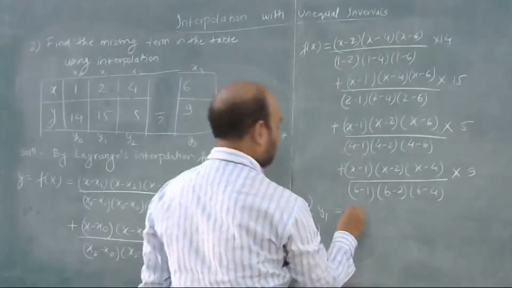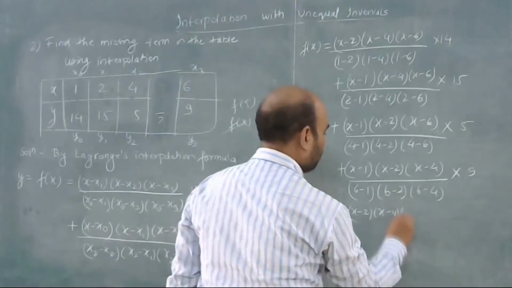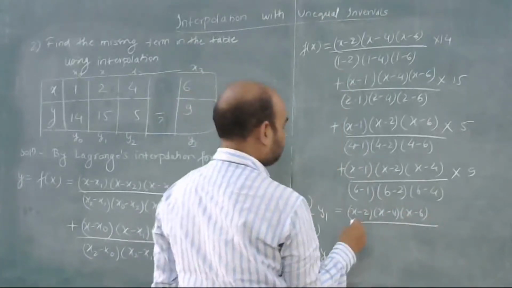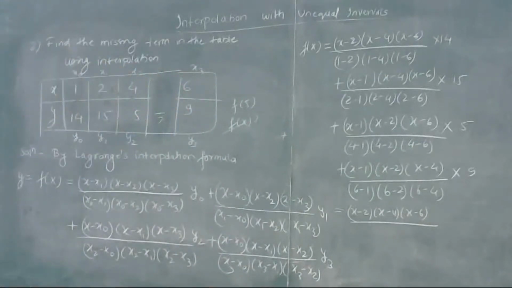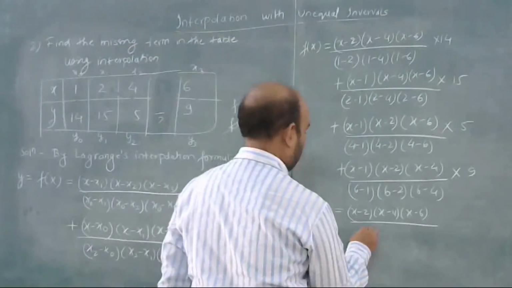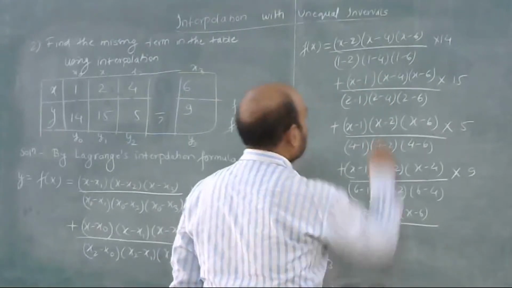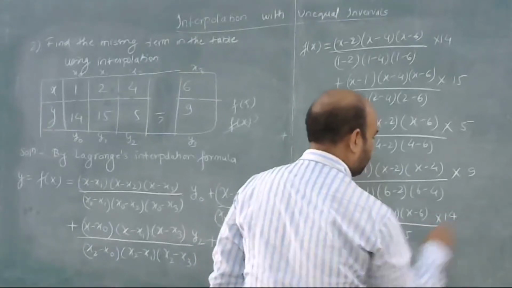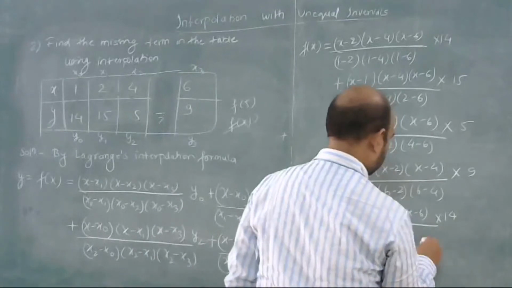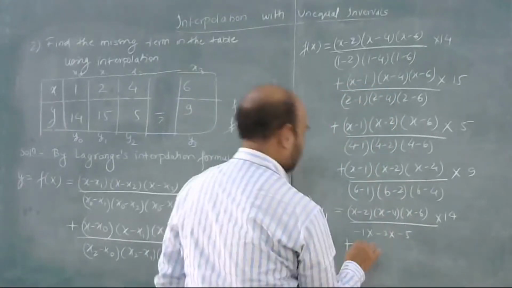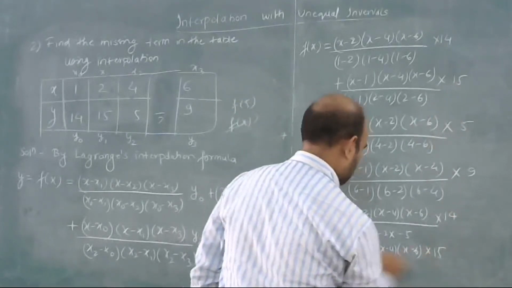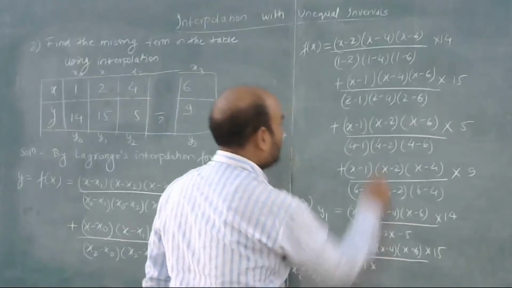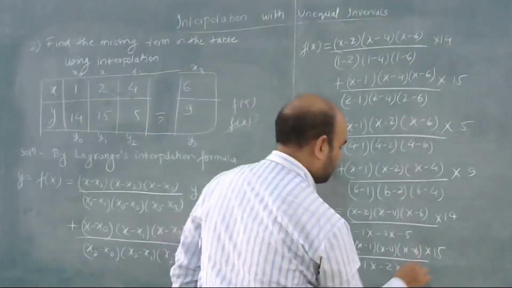So this will be equal to x minus 2, x minus 4, x minus 6, divided by minus 1, 1 minus 4 is minus 3, into minus 5, into 14, plus x minus 1, x minus 4, x minus 6, into 15, whole divided by 1, into minus 2, into minus 2.